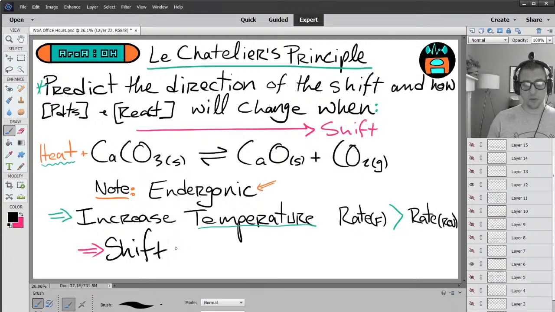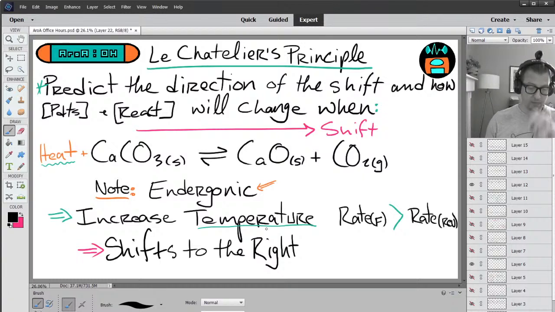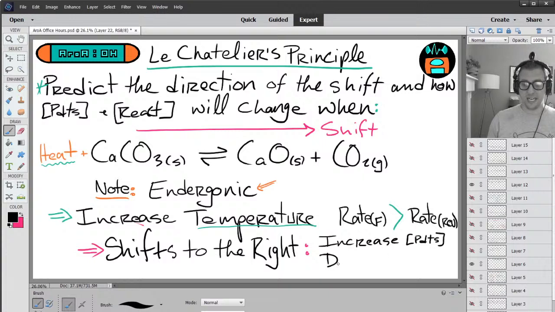So when heated, this equilibrium shifts to the right, which will increase the concentration of our products and decrease the concentration of our reactants.